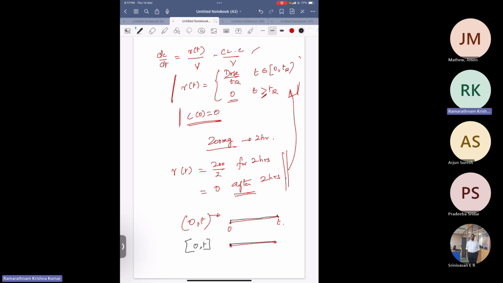Note that carefully. So R of T is input. Many people write this as U. All engineers write input as U. No big deal, but that's how people write it. I can't help it.